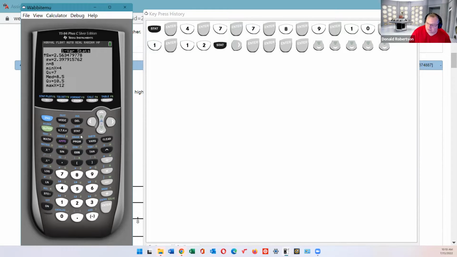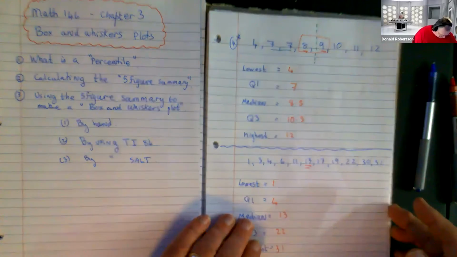Because isn't the only difference going to be the numbers I type in, right? Everything else is going to pretty much follow it. So far, so good? Right, so good.